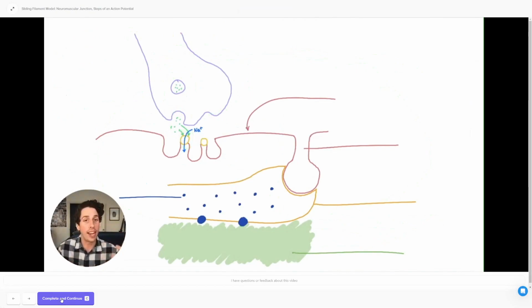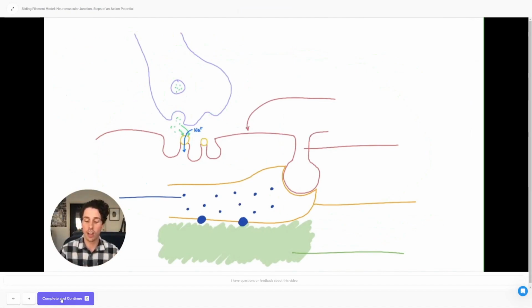When acetylcholine binds, sodium is then able to enter the cell, which causes a graded potential. Once that graded potential reaches a certain threshold, that leads to the voltage-gated sodium channels opening up, which is like the transfer of the action potential from the motor neuron itself into the muscle fiber itself.